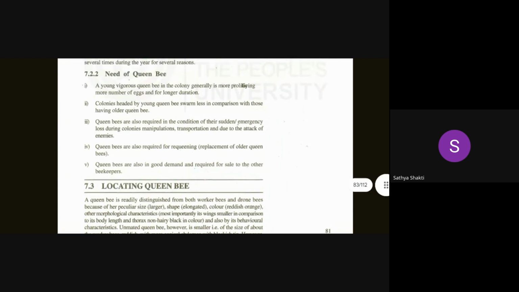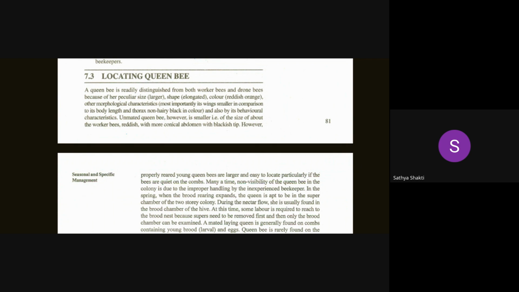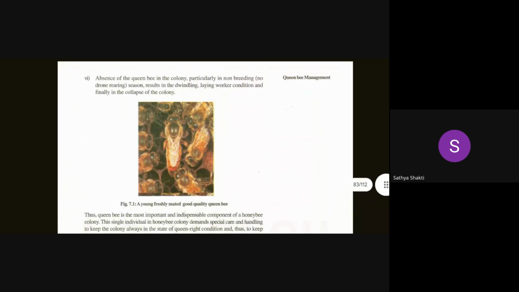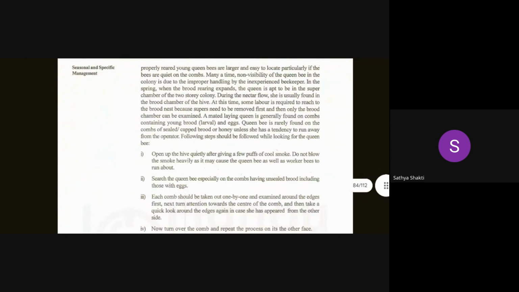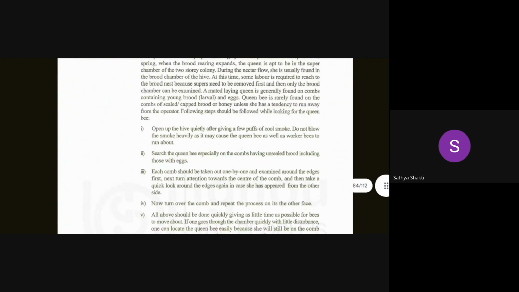Yeah, we all know this importance already. And locating the queen bee, you can distinguish the queen bee from all the remaining individuals of the colony. Usually in regular cases, only one queen will be found in one colony. It will be very different from worker and drone bees. You all know the morphological characters. You have seen the pictures. And that will be surrounded by the worker bees.